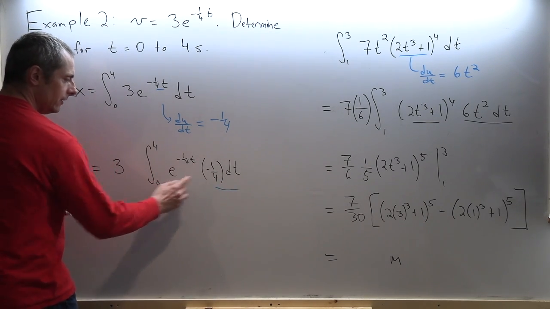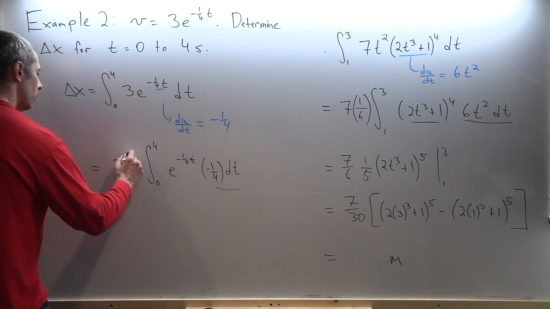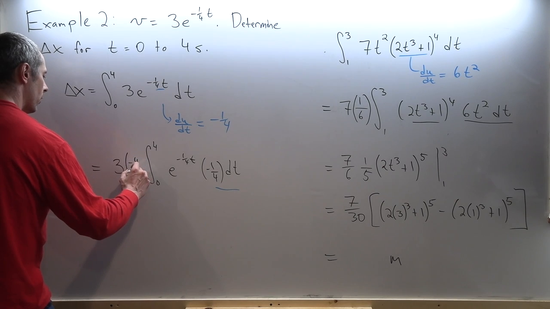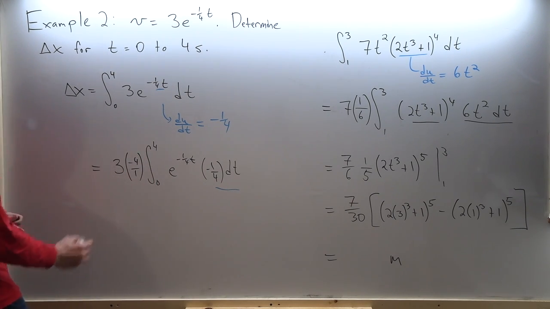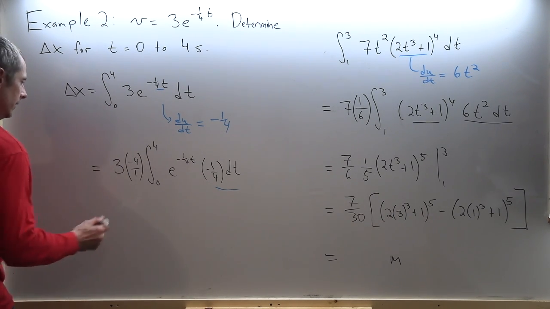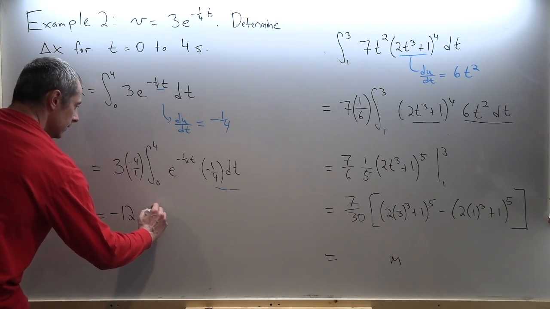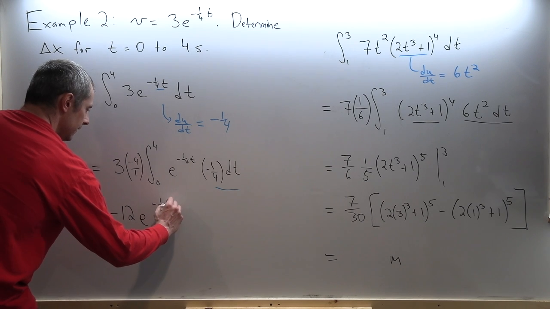Now, I added this negative 1/4 when it didn't exist in the original function. So what I'm going to do is add negative 4/1 here. And I've basically now made the function the same as what I started with. So this now integrates to negative 12 e to the negative 1/4 t.